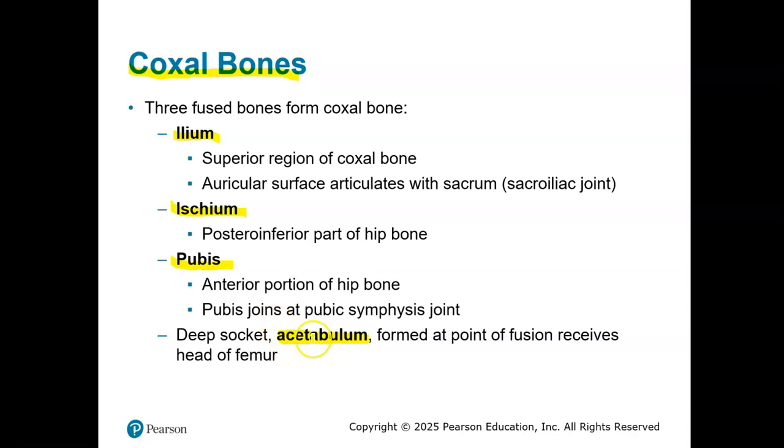The acetabulum is analogous to the glenoid cavity at the shoulder joint. The glenoid cavity was in the scapula. The acetabulum is in the ilium of the coxal bones.